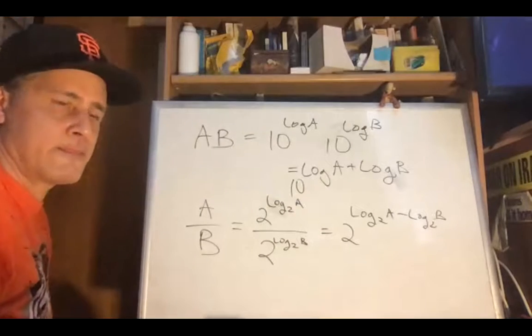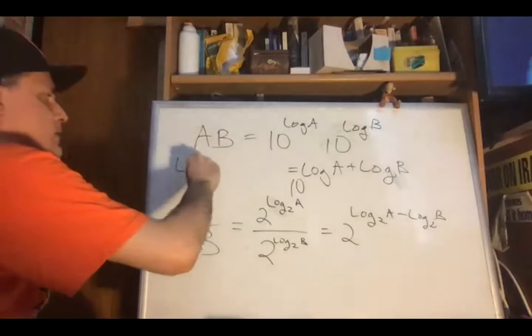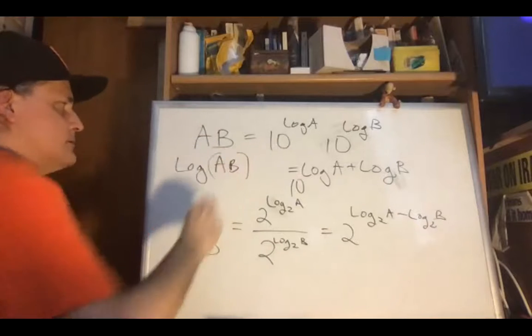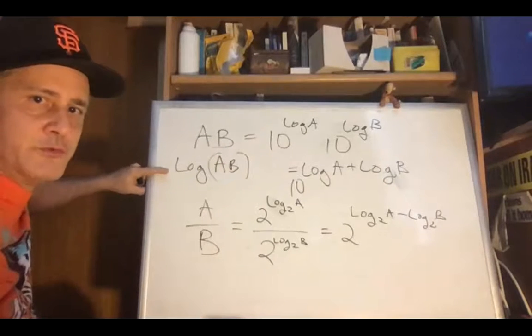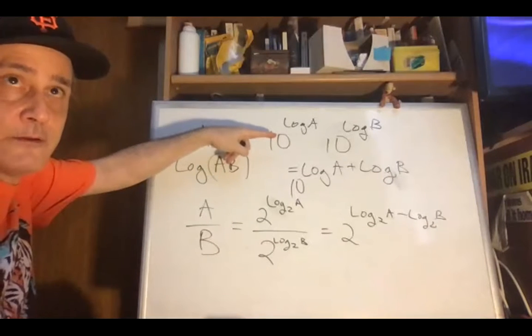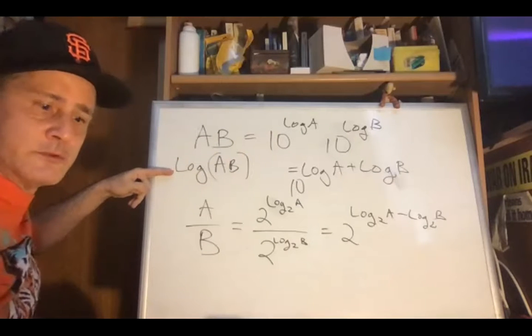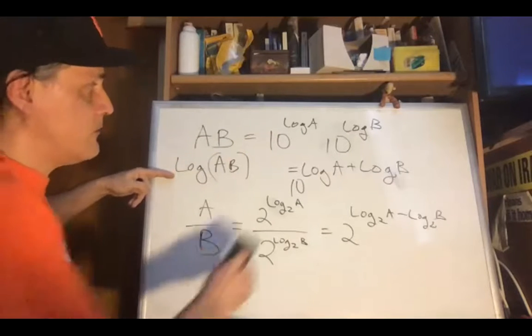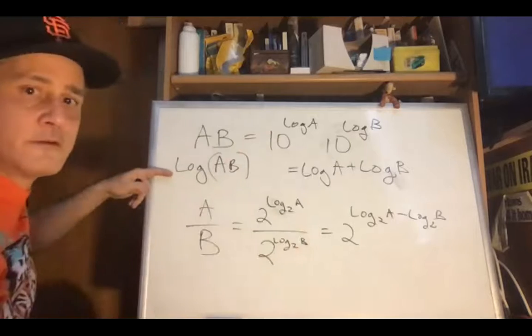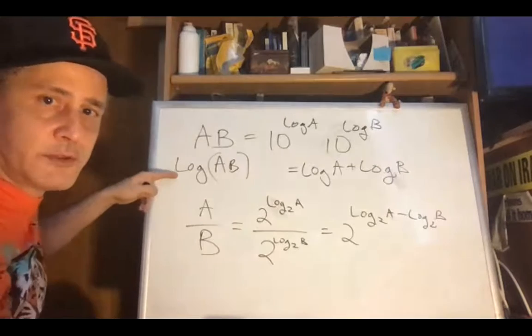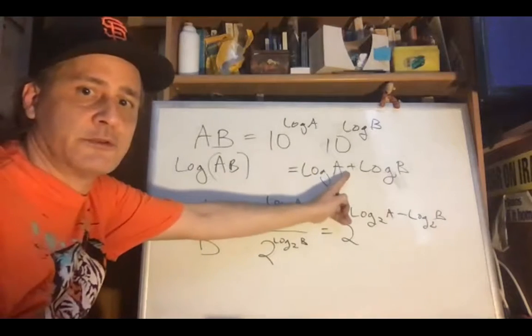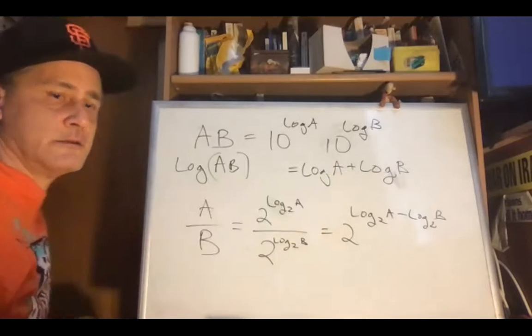Right? So if you log multiplication, what you're doing is you're skipping this step. This is going to find the exponents that you're going to need to use base 10. The log of the multiplication equals the sum of the logs of the factors. Same thing here.